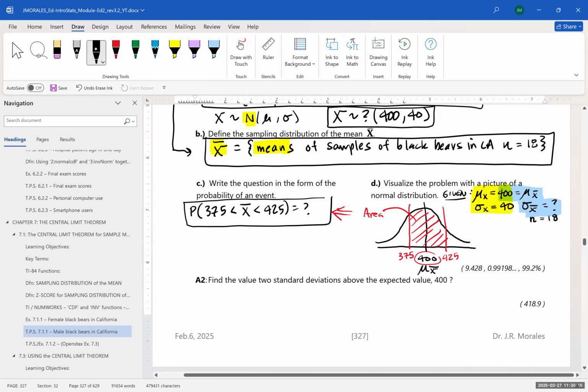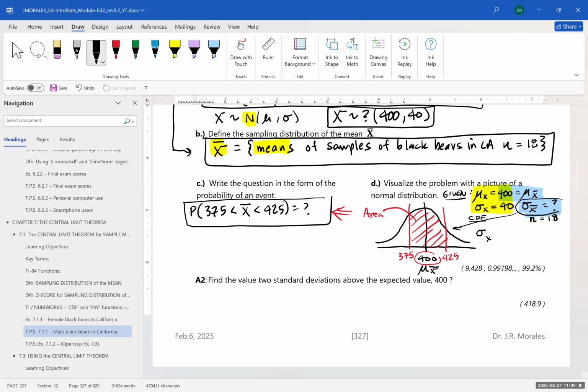Now to be able to calculate this area and use a CDF function, we're going to need to know what the standard deviation is for this distribution. So how do we figure that out? Well, we figure that out from this algebraic relation.